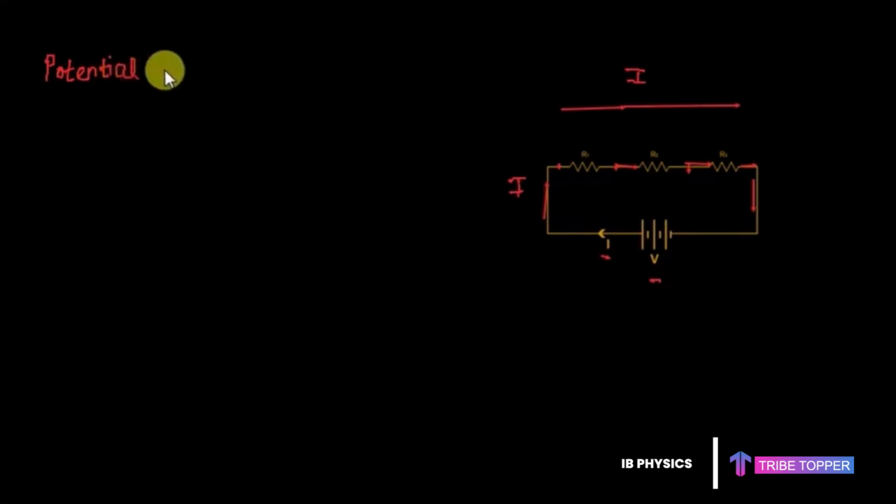So when the potential difference applied is V, the first resistor is R1, and the potential drop happening here would be V1. Then we move to the next one, the potential drop would be V2. And then the next one, the potential drop would be V3.